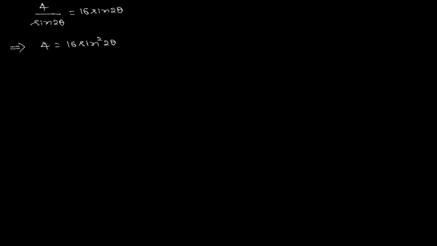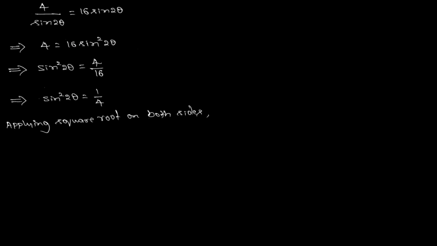And if we cross multiply this sine 2 theta to the RHS, we get 4 is equal to 16 sine square 2 theta. Therefore sine square 2 theta is equal to 4 divided by 16. Now cancellation will happen. 4 1s are 4, 4 4s are 16. So therefore we get sine square 2 theta is equal to 1 by 4.